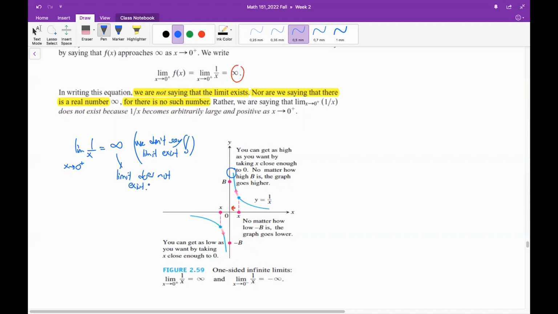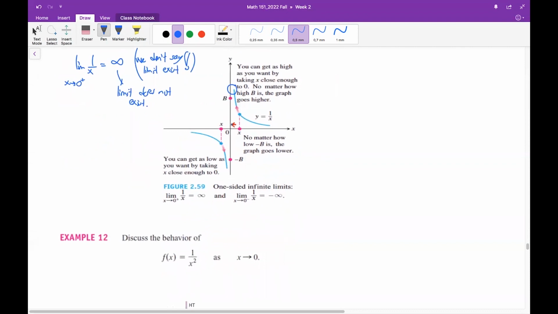What we are doing is giving extra information describing the behavior of the function, which is growing too much. It is also highlighted here. Putting infinity here doesn't mean that the limit exists, nor are we saying that infinity is a real number. It is just a description of the behavior where the function grows too big.